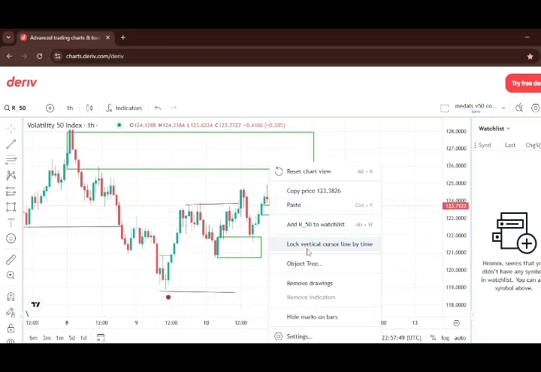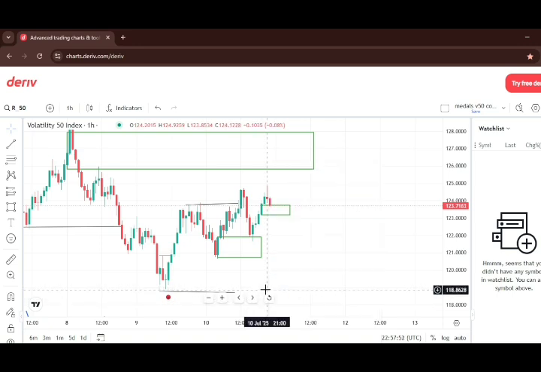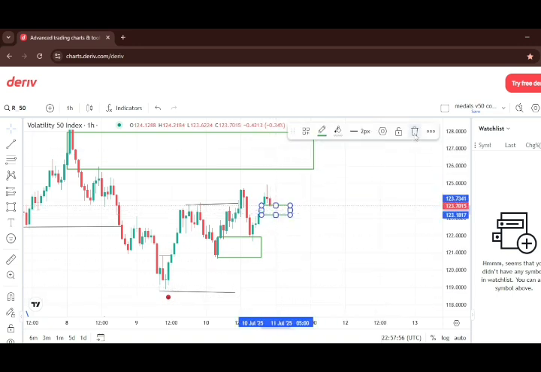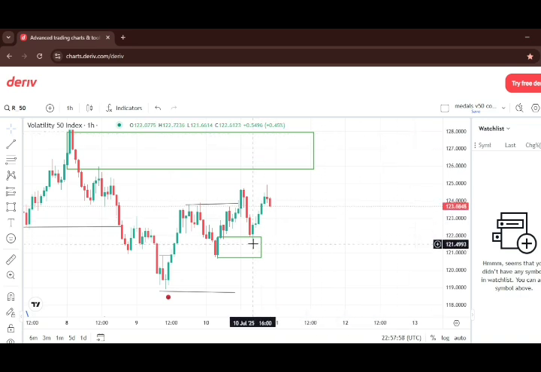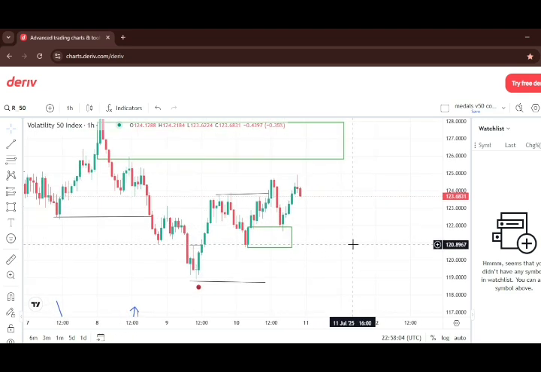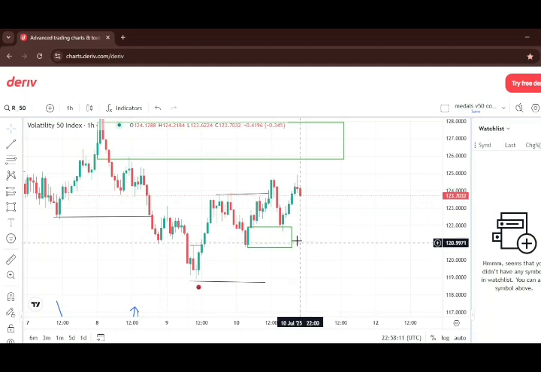Hope you are not confused. So this is exactly where I was supposed to enter the trade, but I didn't see it. Yes, I was busy, so I was not fortunate to catch this move.